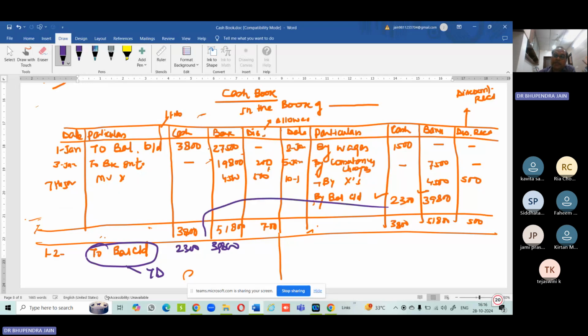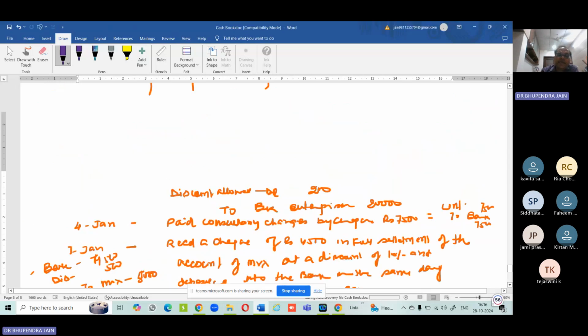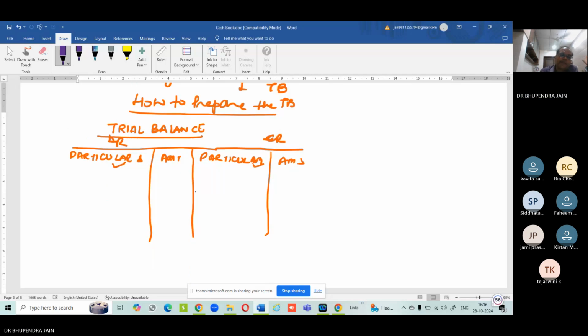We have transferred this here, beta. Meaning, first close the ledger and transfer the closing balance to the next day of the month or the year. Then transfer the closing balance in the trial balance. In that case, cash balance and bank balance are debit, so we write them in the debit side of the trial balance. Bank and cash: this was 38,800 and this 37,900.